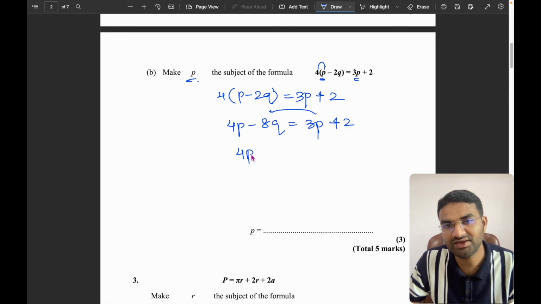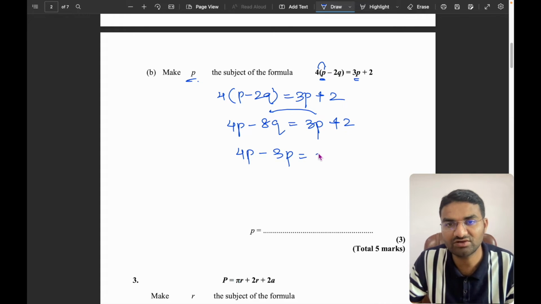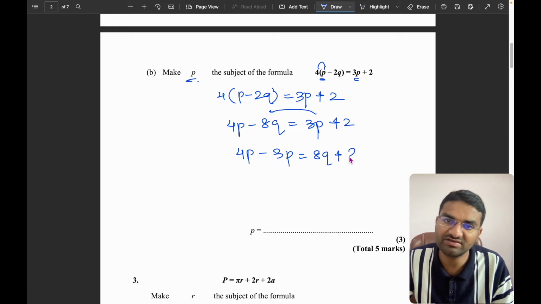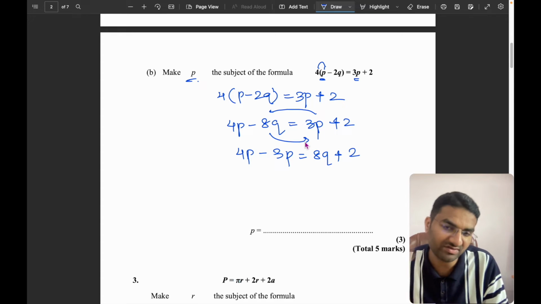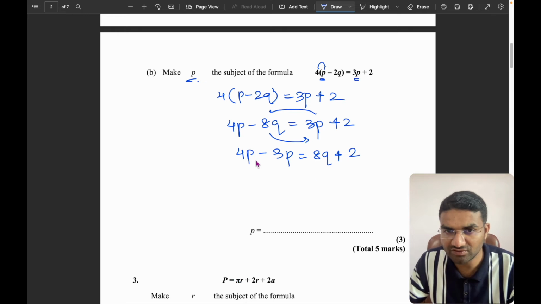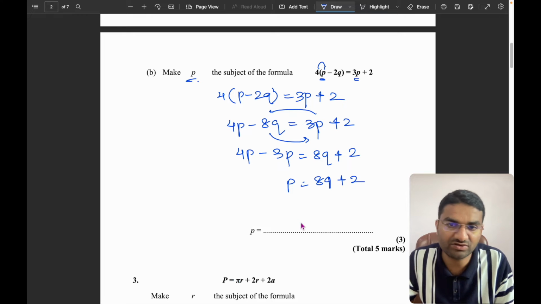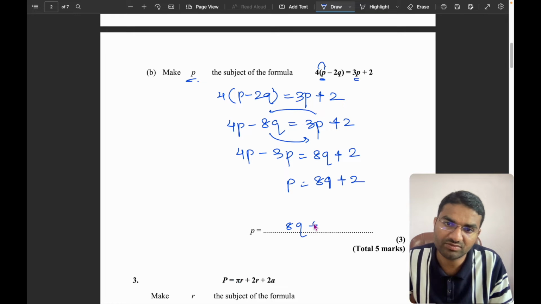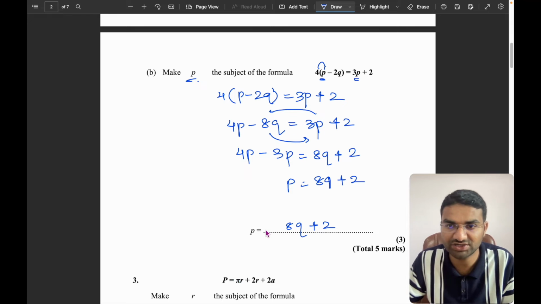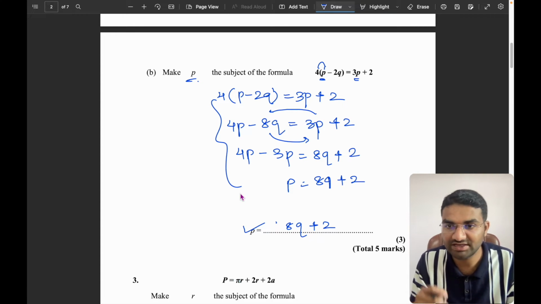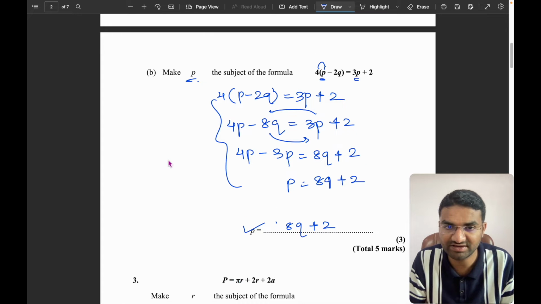So 4P minus 3P is equal to 8Q plus 2. 4P minus 3P is just P. So P is equal to 8Q plus 2. That's it. This is a 3 mark question. For the right answer you will get 1 mark, and for each and every step you will get half marks.